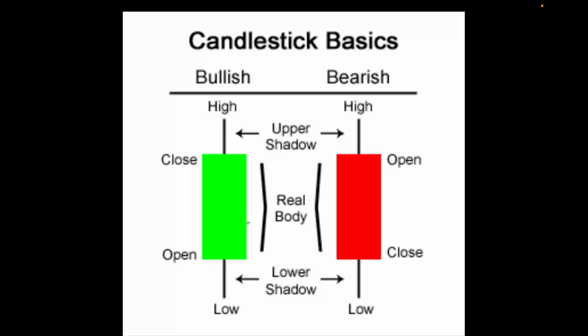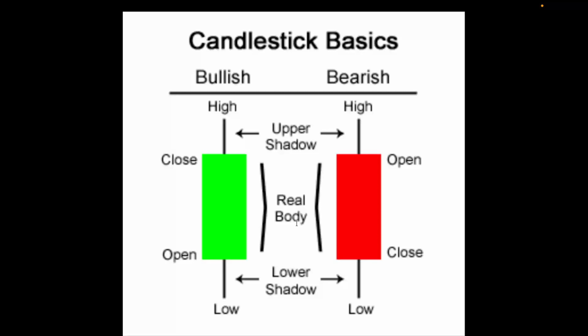But there are just two basic forms of candlesticks. It can either be a bullish candlestick or a bearish candlestick. Bullish candlesticks are always green, bearish candlesticks are always red. But in your own chart, I told you how to customize your TradingView.